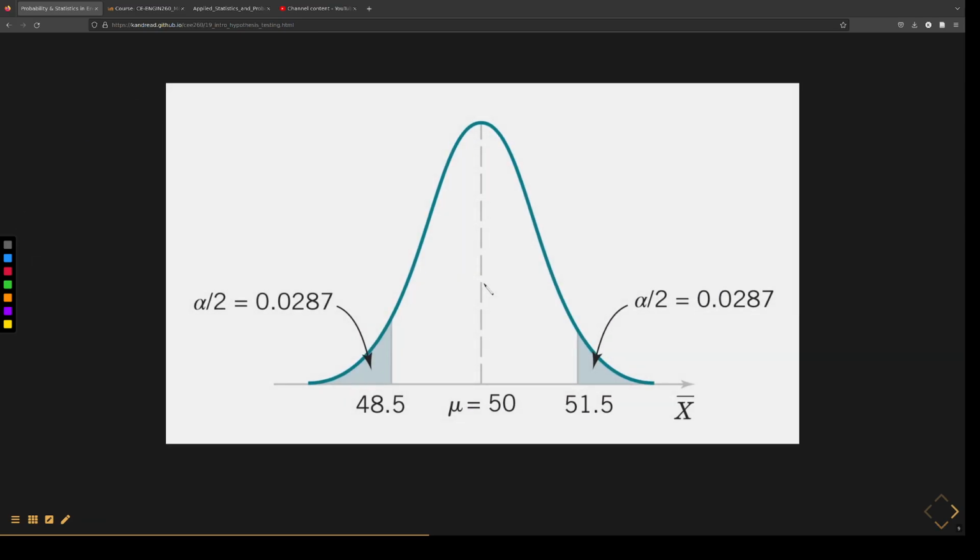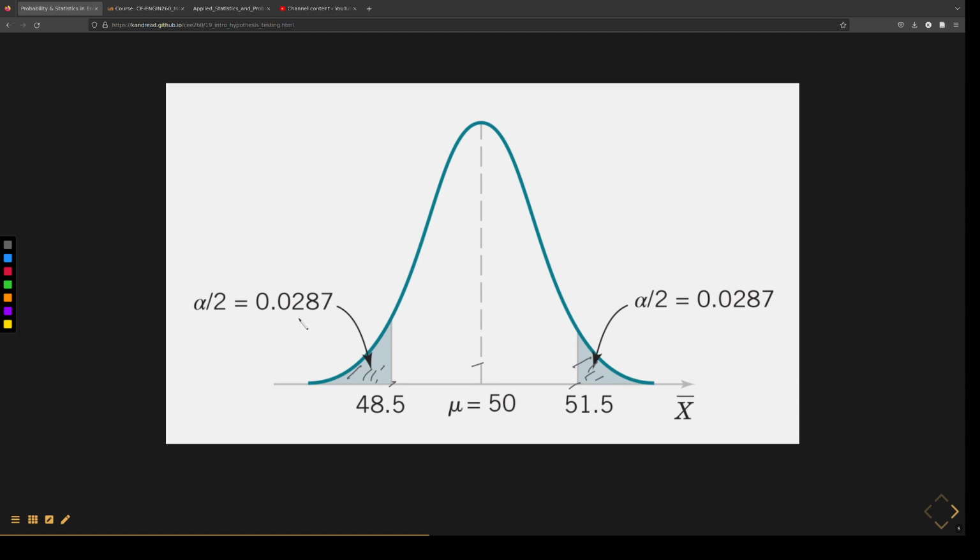So going back to our example with the propellant, we have the mean here of 50. That's the true mean. So if we have those critical values being here at 48.5 and 51.5, then the areas where we would be in the critical region would be these shaded areas here.